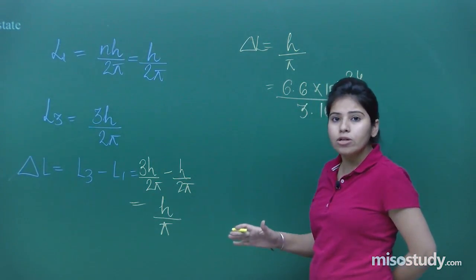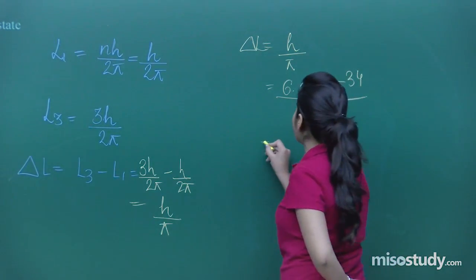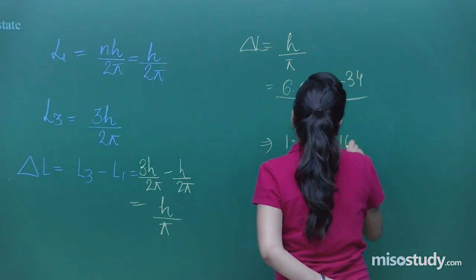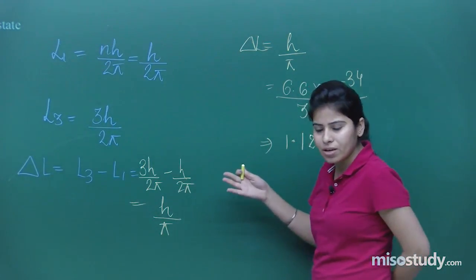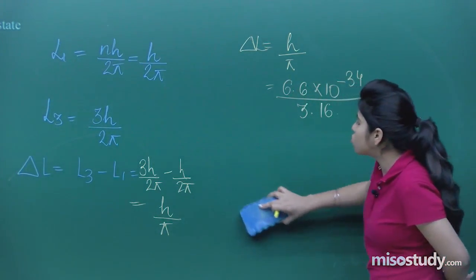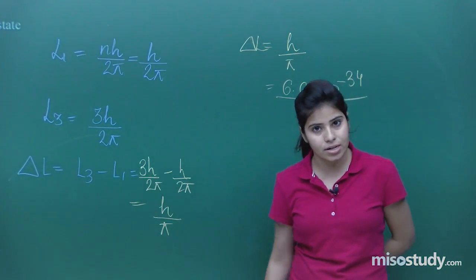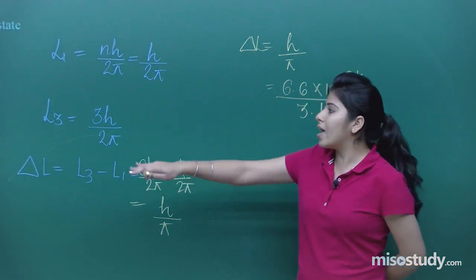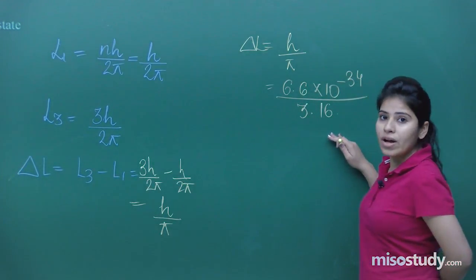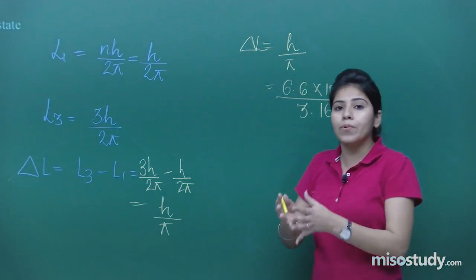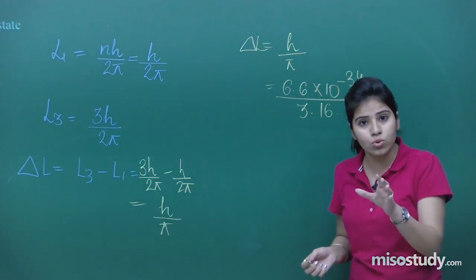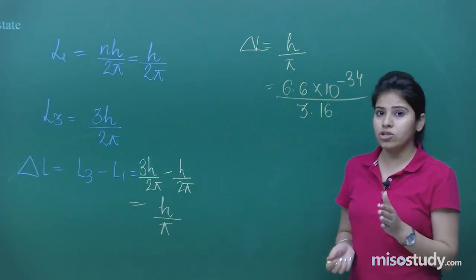If you solve this, the value will come out to be something like 1.12 into 10 raised to the power 11 or so. I am not going to write the definite value, because I am not doing the calculation part here. That is up to you, because I have to tell you the approach. You just have to worry about whether you are doing the correct calculation or not.